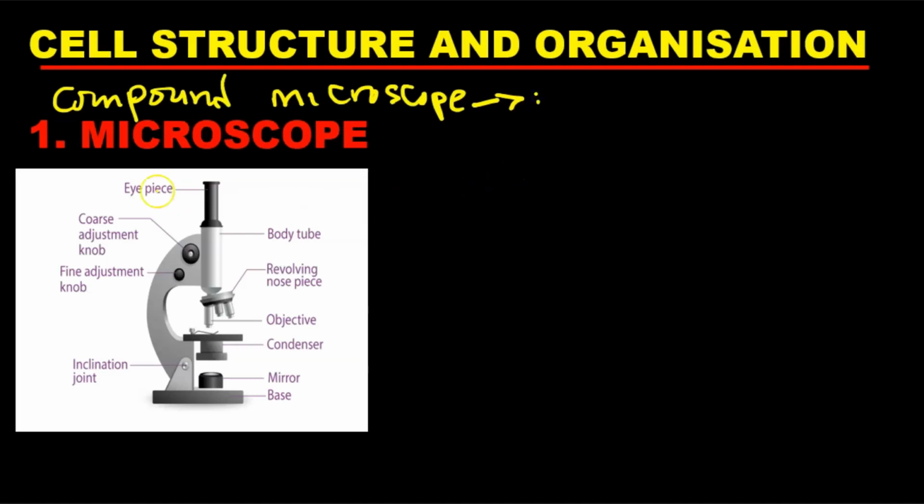If you look at the microscope, this is its structure. It has the eyepiece, the body tube, revolving nose, objective, condenser, mirror, base, inclination joint, fine adjusting knob, and coarse adjusting knob. Now your task is to go and look at the function.